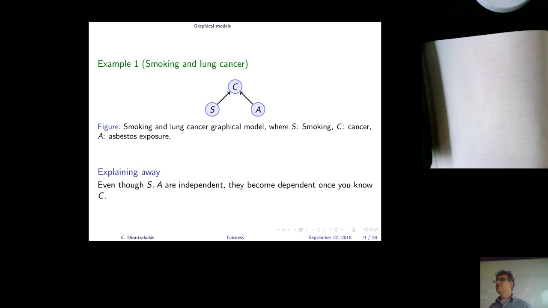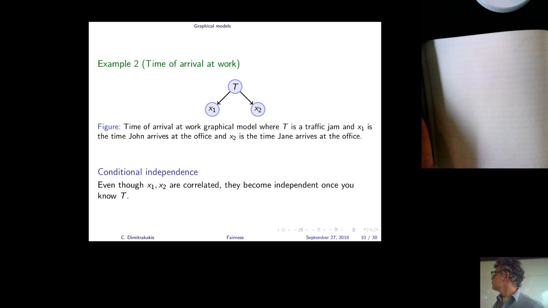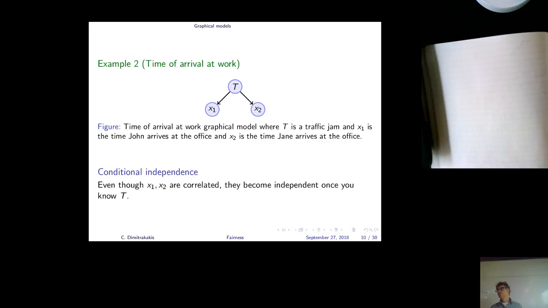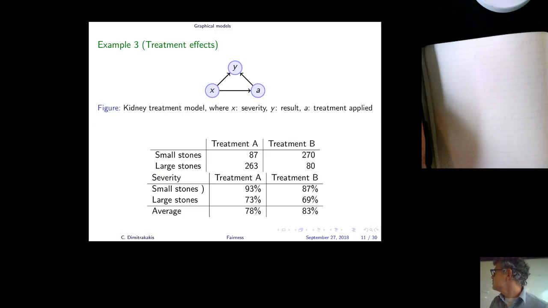You're eliminating one possible explanation and the other one has to be true. And similarly for when you arrive at work: you and I might appear to be always late together, always early together, but if you know whether or not there's a traffic jam, you can just explain our behavior by that, so then we become independent. So that's the basic idea.